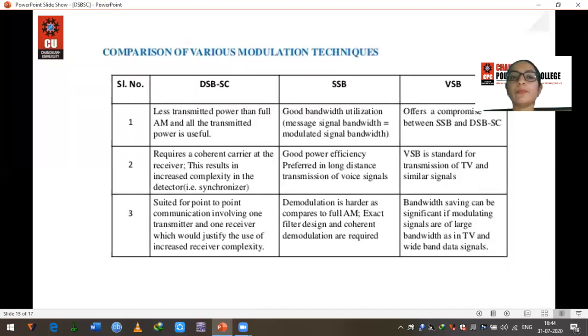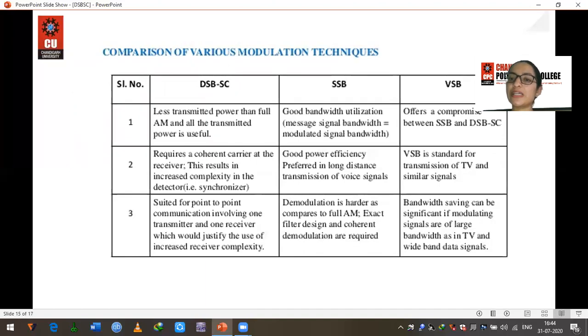Now, let us start with the comparison between these three: DSB-SC, SSB, and VSB. Starting with DSB, it needs less transmitted power than full AM. On the other hand, the SSB signal has good bandwidth utilization.